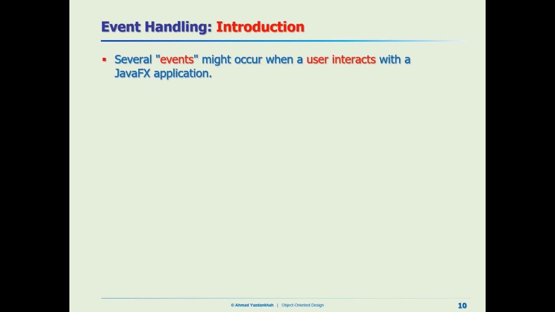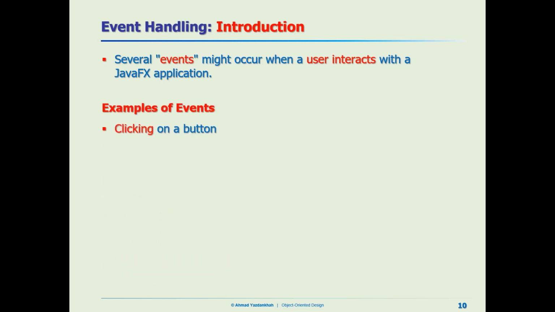Event handling. Let's see what it is. When your user is interacting with the application, there might be several events being produced. So when we say event, what do we mean really?